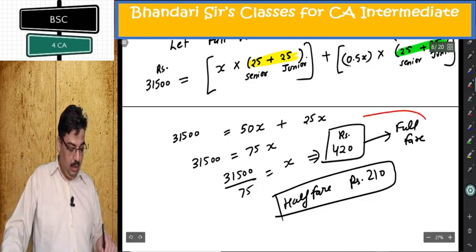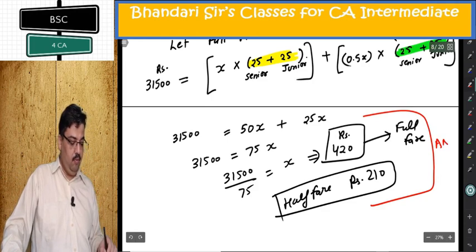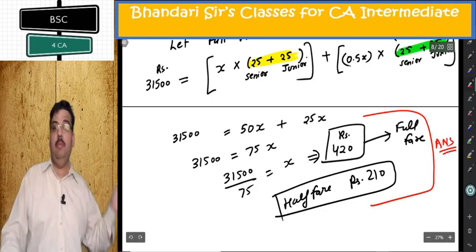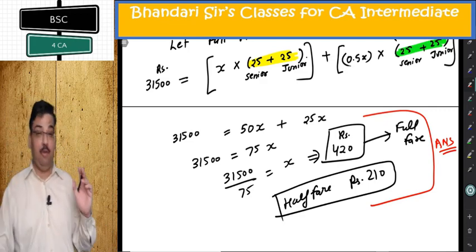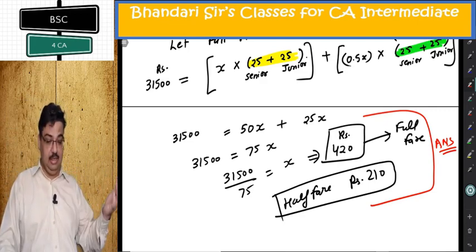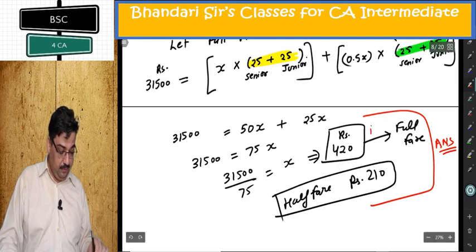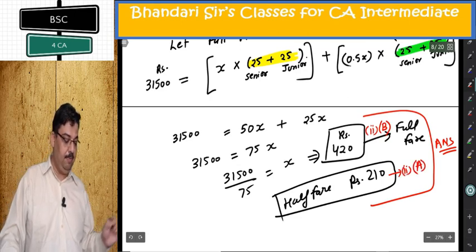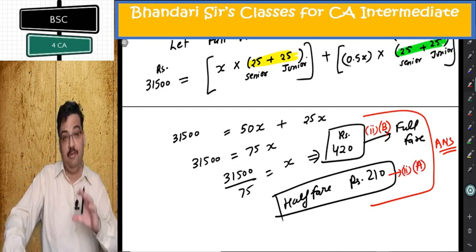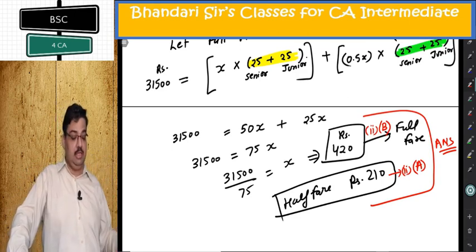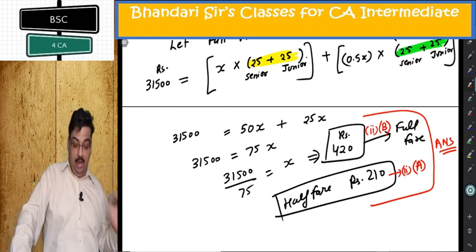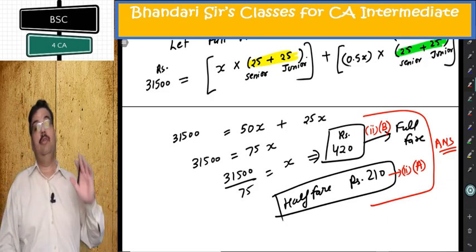If I am going to charge 420 from each full fare student who is coming from beyond 4 kilometer distance, this is answer of second B. This is answer of second A. The students who are coming from lesser than 4 kilometer distance, half fare students, they should be each paying monthly basis 210 rupees so that we can recover 31,500.